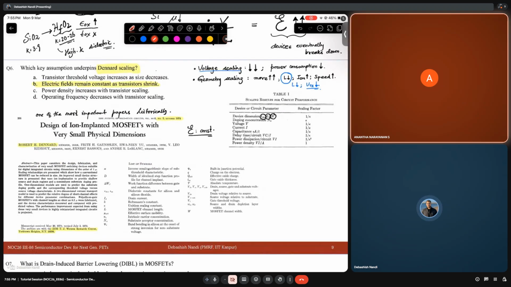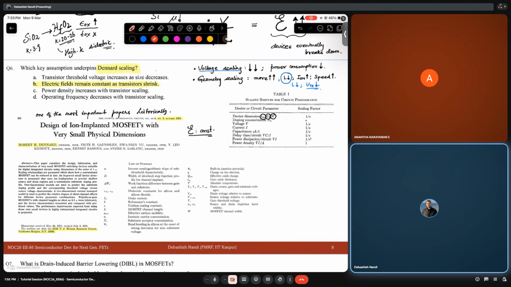So this is why your scaling is required. Why is the doping concentration required to be scaled by K? Any idea? No, sir. All physical dimensions have to be scaled by 1 over K, right?